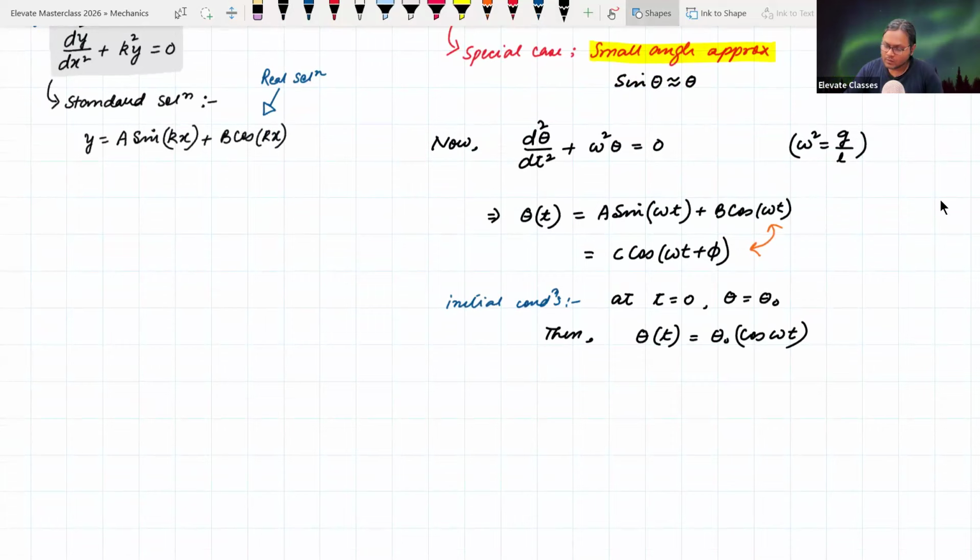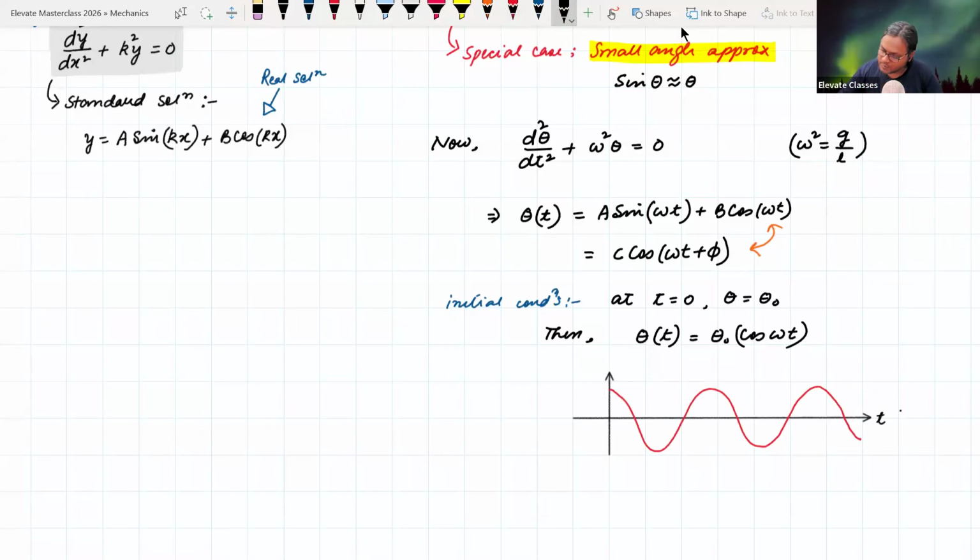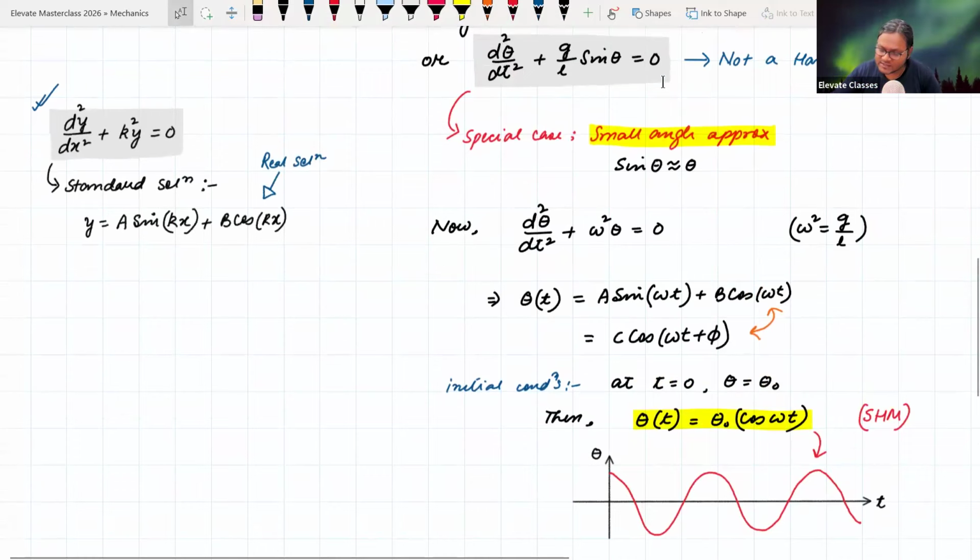It is a simple harmonic oscillation. So this is t, this is theta, it's a cosine function. So this becomes a SHM, and this represents that the small angle approximation creates a harmonic oscillator.